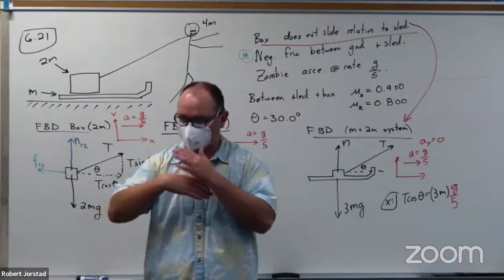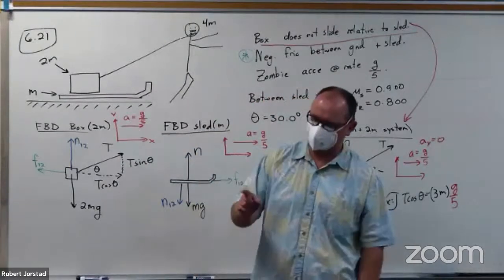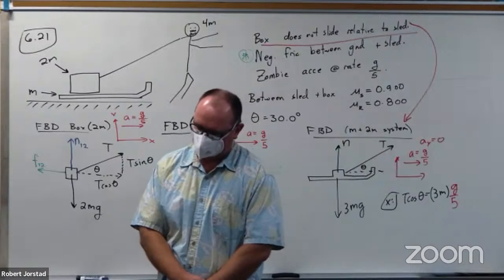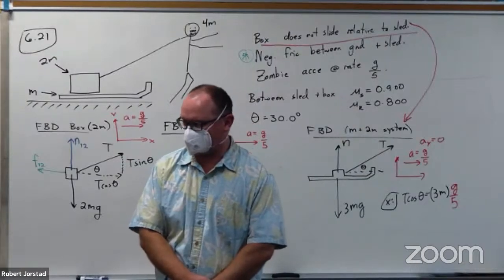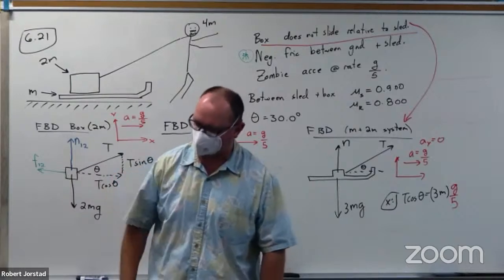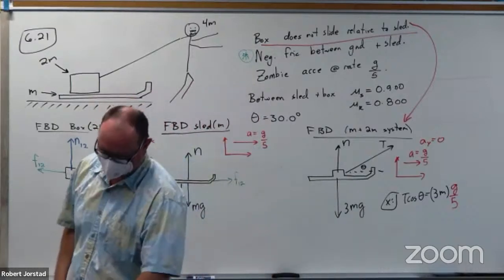It's goofy. You can't treat them as a system. In particular, that's a weird one because, again, I'm talking about 6.33. The friction in that problem ends up counting double because it's working against the block going down and against the block going up. So that's a really weird one if you're, I don't know, into it.